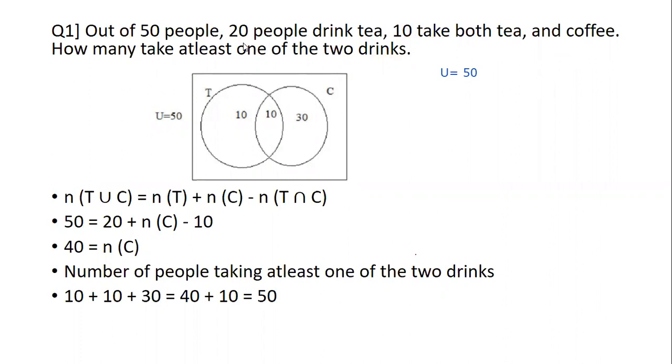Out of 50 people, 20 people will drink tea. Okay, and then 10 of them will drink both tea and coffee. That is all the information given to us. So much, did you all understand? Until here, everybody understood?